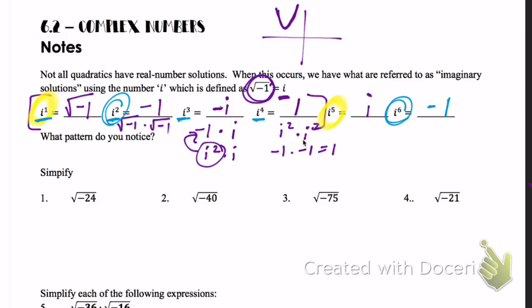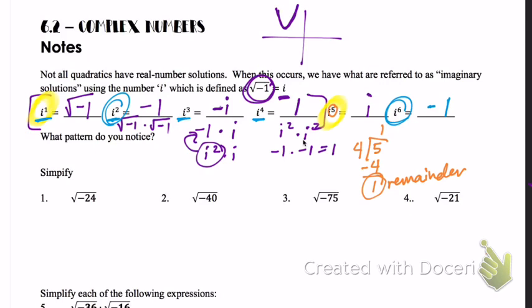And a way to figure out which one it goes with is by dividing whatever your exponent is by 4. And so if I take 5 divided by 4, 4 goes into 5 one time, and you're left with a remainder of 1.